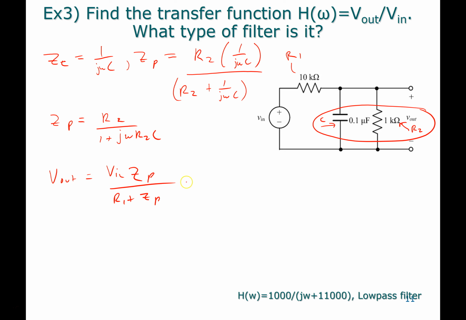And you can continue to crank that out, and eventually you'll get that it's 1,000 over j omega plus 11,000, which, when you examine this, will appear like a low-pass filter.